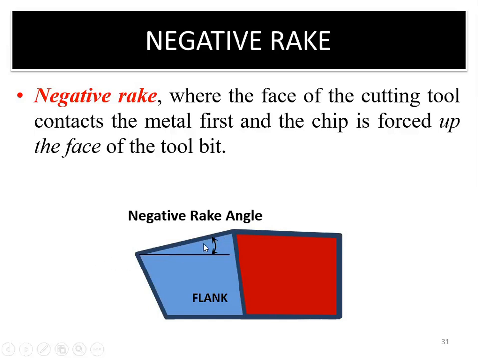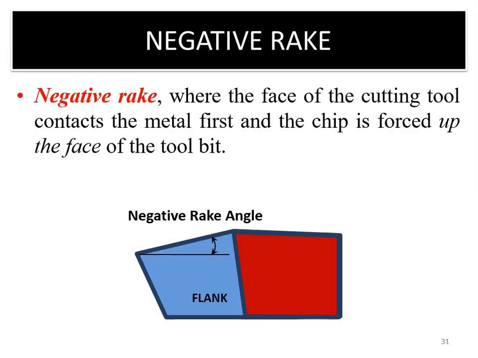By comparing the two figures, you can see over here we have extra material. In positive rake angle, the rake face was below this line, so that much material we have removed. But over here, this much extra material we have.